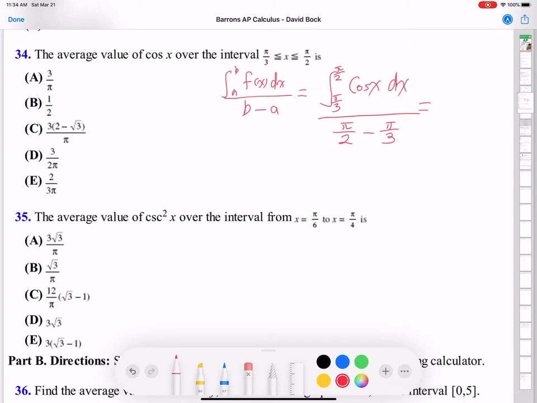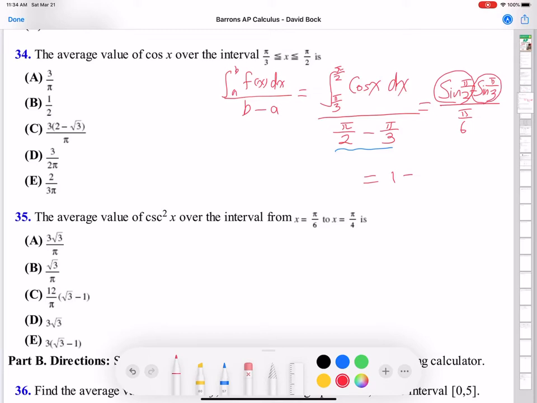And then what is cosine x's integral? That's sine x. So sine x, plug in top number, sine pi over 2, minus sine, plug in bottom number, which is pi over 3, over, what is pi over 2 minus pi over 3? Which is pi over 6. Sine pi over 2 is 1, minus, what is sine pi over 3?